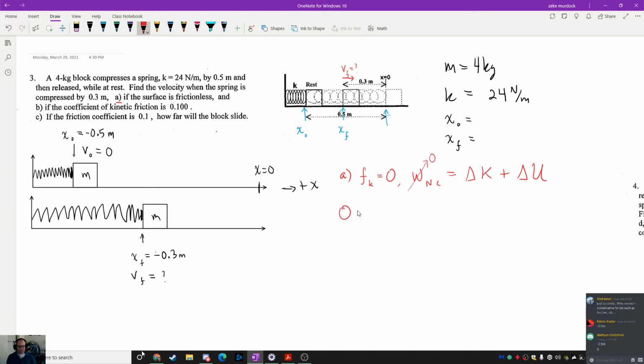So we're going to have 0 is equal to change in kinetic energy, which is 1/2 mass times V final squared minus V initial squared, plus, for change in potential energy, there's technically two different types of potential energy we in principle could have. There's the potential energy due to gravity and the potential energy due to a spring. Because this object is moving along a level surface, what is the change in potential energy? And it's the change we care about, not the absolute value. What is the change in potential energy due to gravity going to be if we move along a level surface?